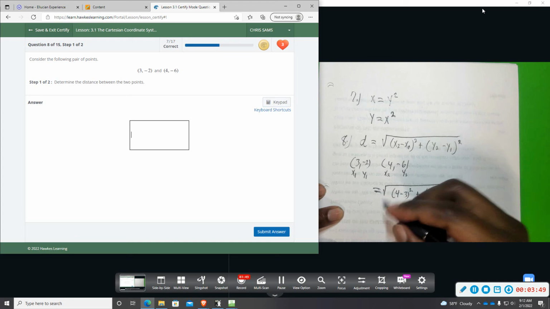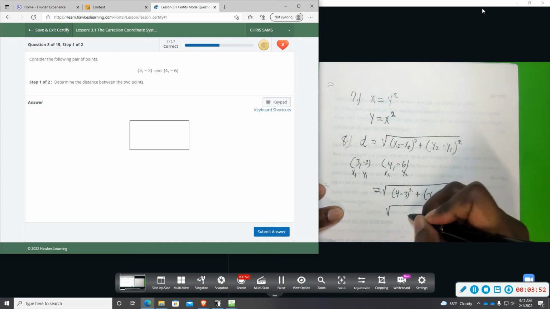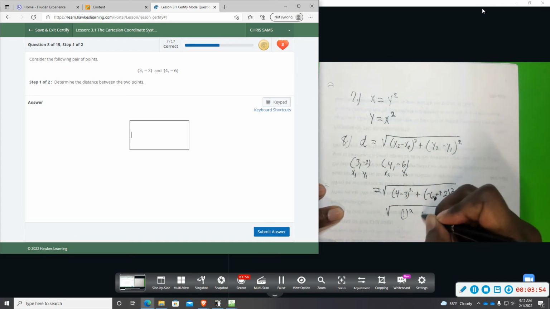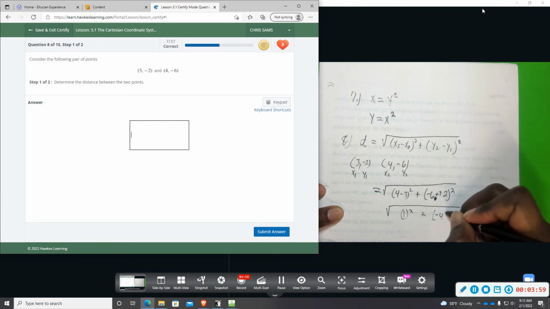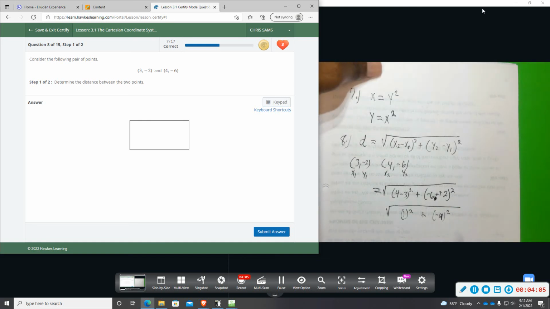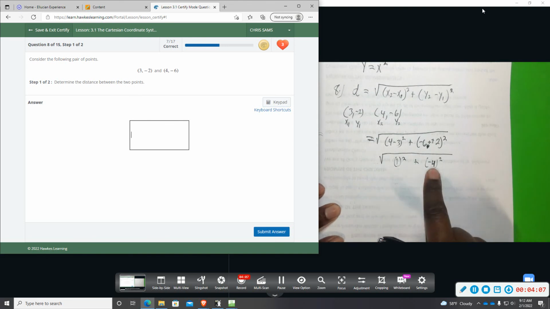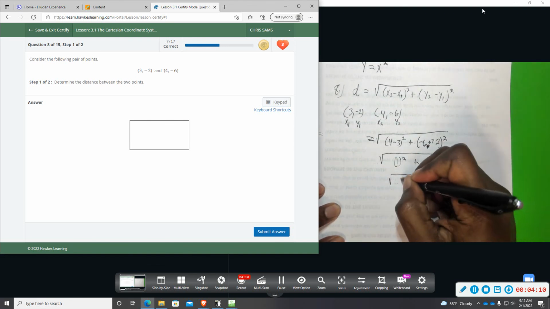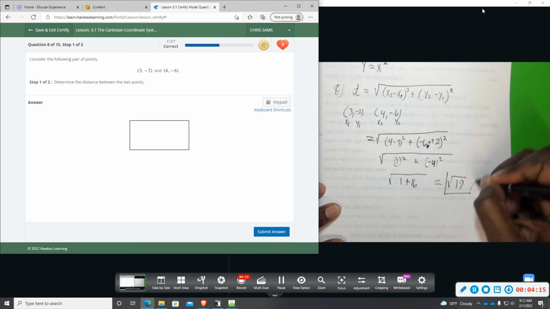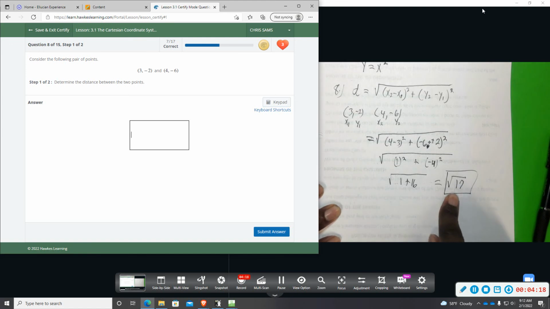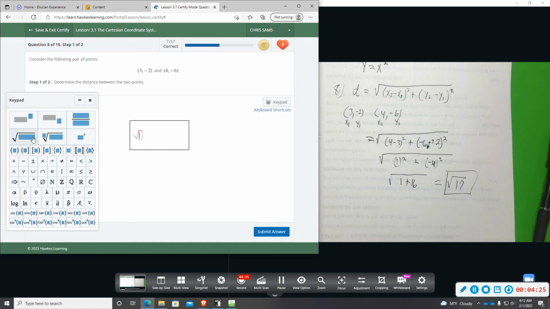So this is going to give me 1 squared plus 6 take away 2 is going to be 4, but it's going to be a negative 4. That's going to be squared. So here we get 1 plus 16. And that gives us the square root of 17. And then we don't change that to decimal, we're going to type the exact answer. Square root of 17.